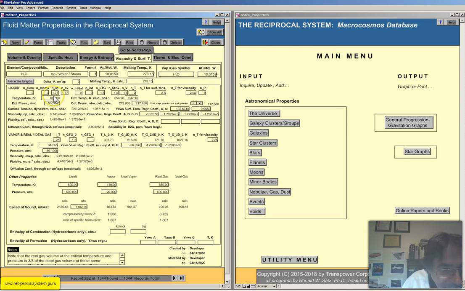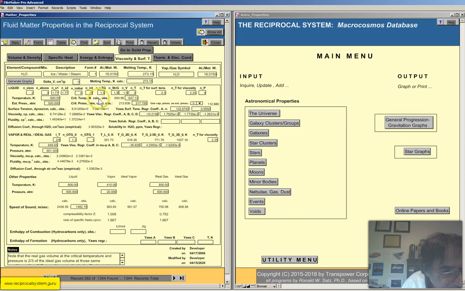Alright, so if you see these in the blocks, these are things that you can enter. So you can put in the temperature, in this case 600 K, and the external pressure in atmospheres, 500 atmospheres. So here we calculate the critical temperature calculated versus observed. Again, it's pretty close.